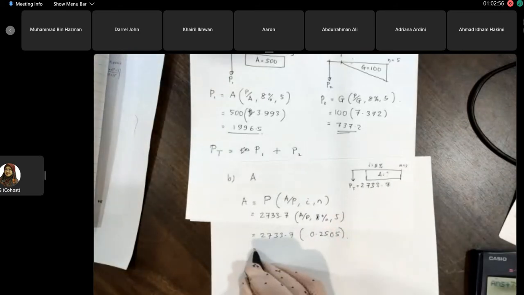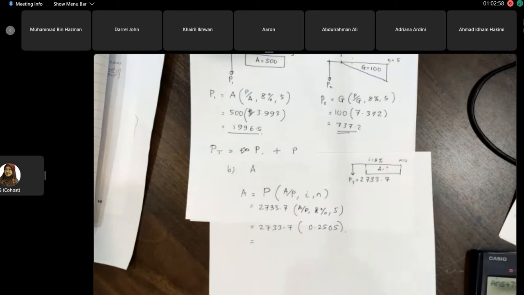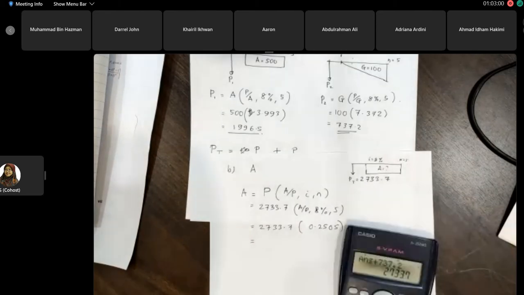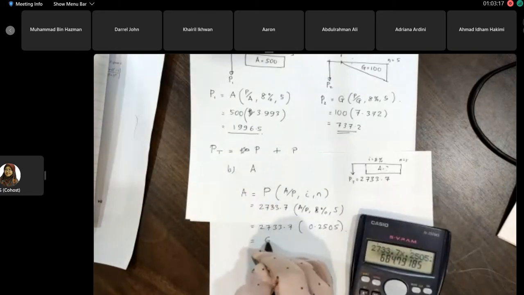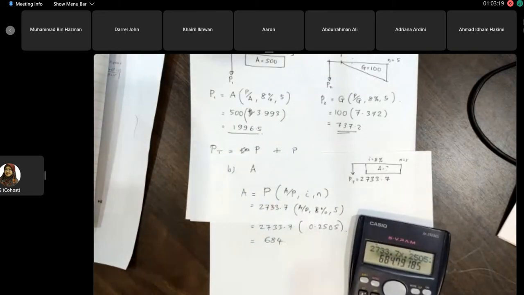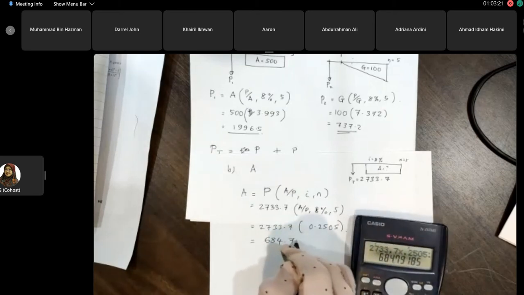So what is the answer? 2733.7 times 0.2505 is 684.7.